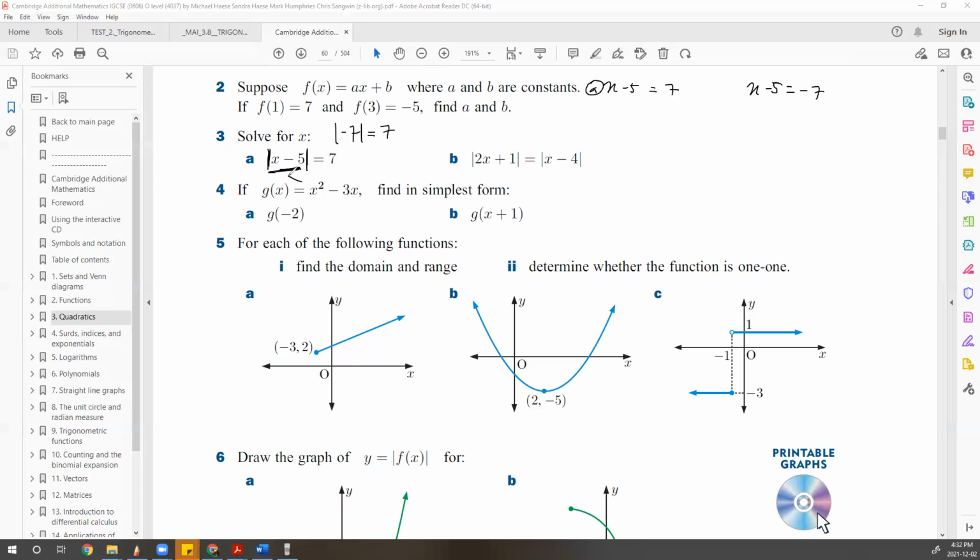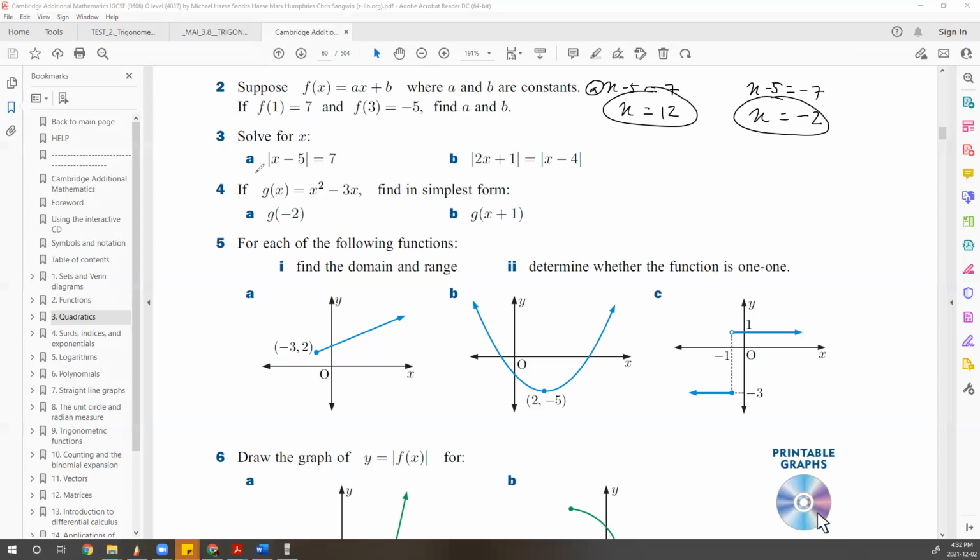So this can be -7 as well. Get it? So I think I explained it well. On the left side, I think it's quite simple. No need to explain far about that. So we have two possibilities. So x can be 12 or x can be -2.